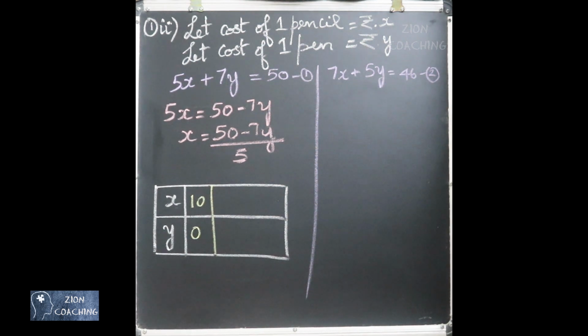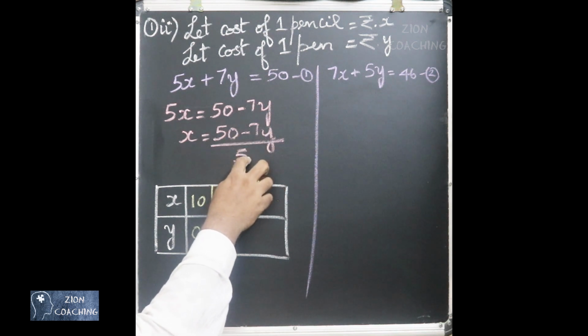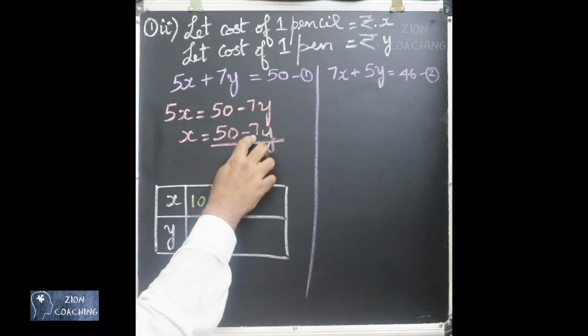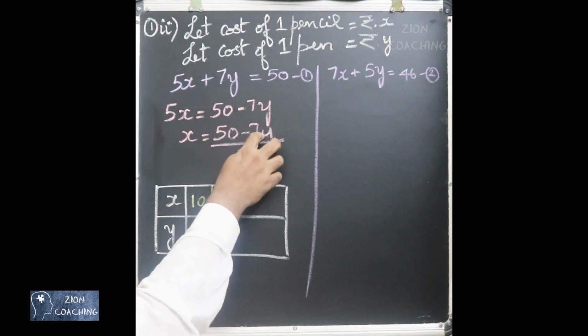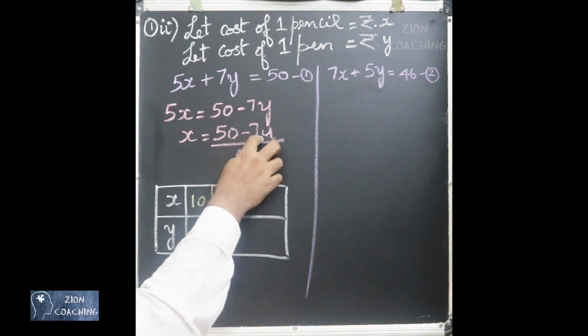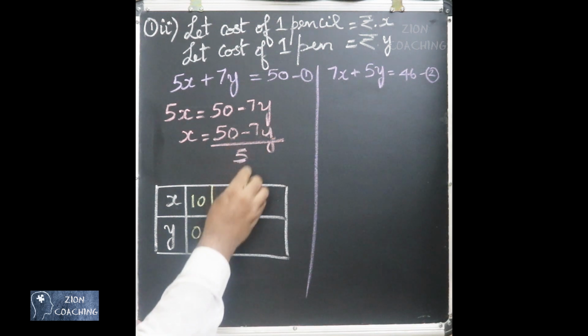Next, when you give Y value 1, then it is not divisible by 5. When you give 2, 50 minus 14 is not divisible by 5. Then we will go for 3. When you give 3, again it is not divisible by 5. 4, 5. When you give 5, 7 5s are 35. 50 minus 35 is 15.